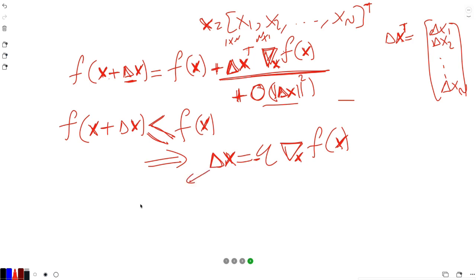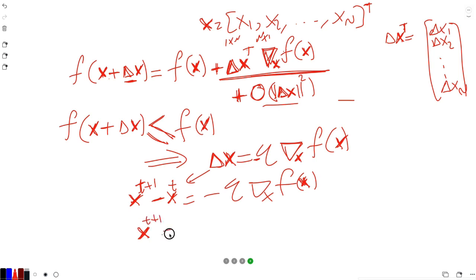So delta x is actually equal to x at t plus 1 minus x at t, and this equals minus eta times the gradient of f of x. It means that x at iteration t plus 1 equals x at iteration t minus eta times the gradient of f of x at iteration t.